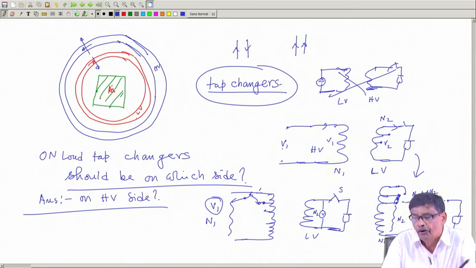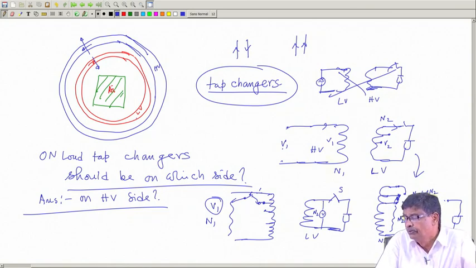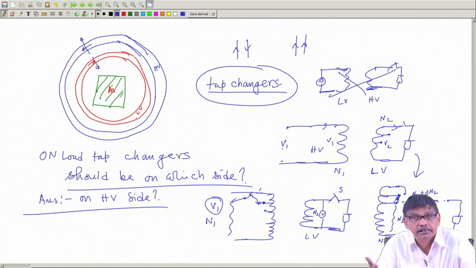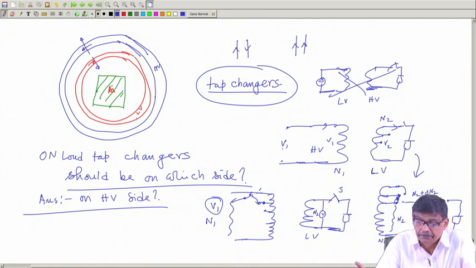You must have a broader idea, and when you look at a transformer, you may find a big transformer may or may not be provided with a tap changing arrangement. On load tap changing arrangement means that tap changers must be on the HV side as current is less, and also it is easily accessible.